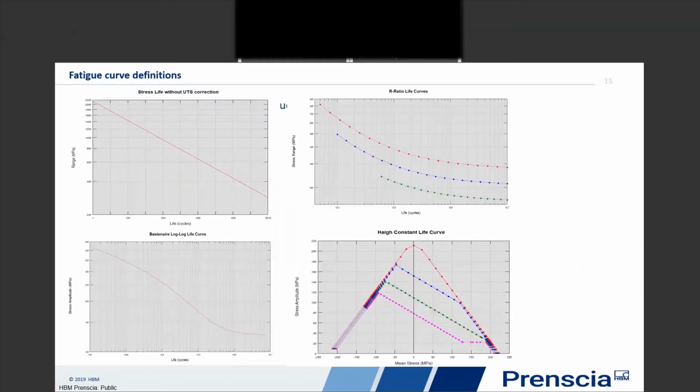And you'll see the curves that we create actually have many, many different formats. What I have here are just 4 different examples of fatigue curves that you run into. The 2 on the left-hand side, the upper one is just a standard stress life curve. And many times we see that if we take the stress life data and we plot it on a log-log or semi-log graph, we end up with a straight line or close to a straight line.